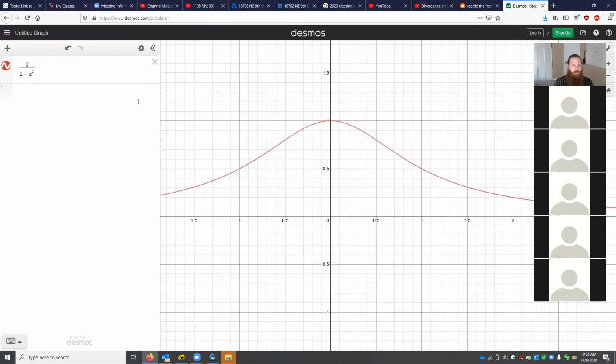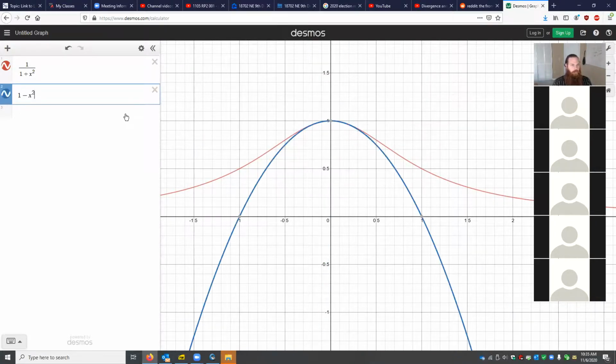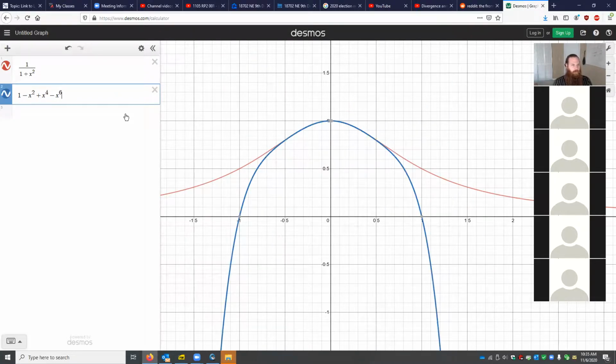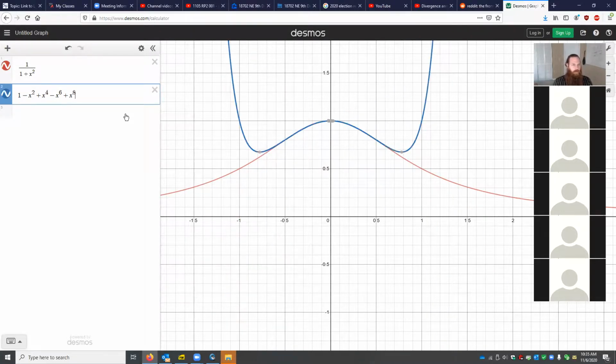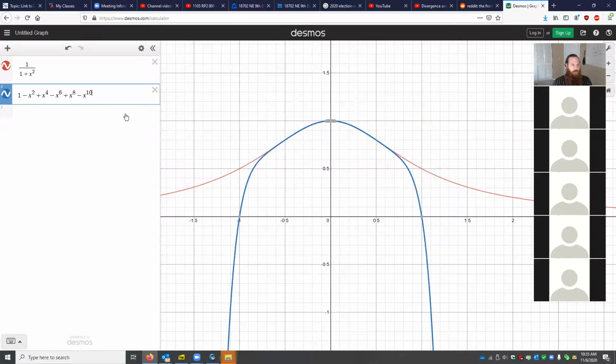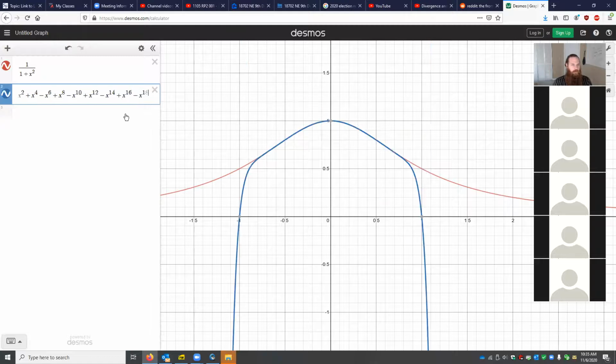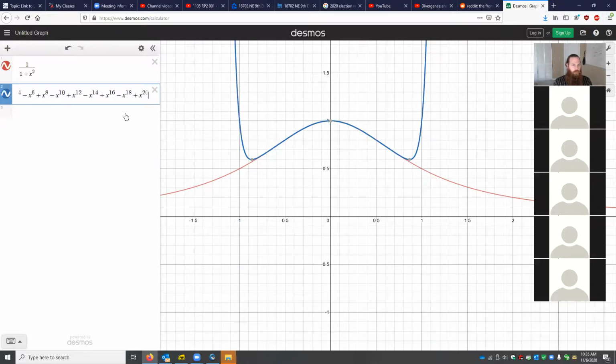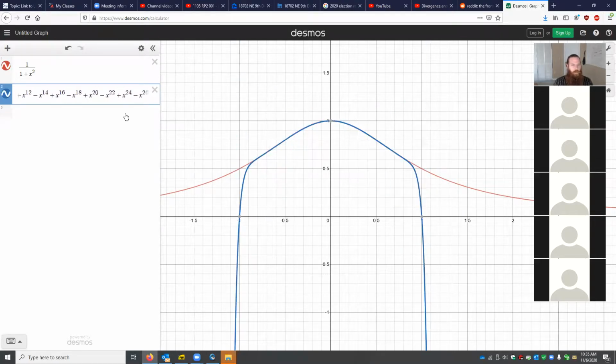The power series that we found for this was 1 minus x squared plus x to the 4 minus x to the 6 plus x to the 8 minus x to the 10 plus x to the 12 minus x to the 14 plus x to the 16 minus x to the 18 plus x to the 20 minus x to the 22 plus x to the 24 minus x to the 26. We can keep going.